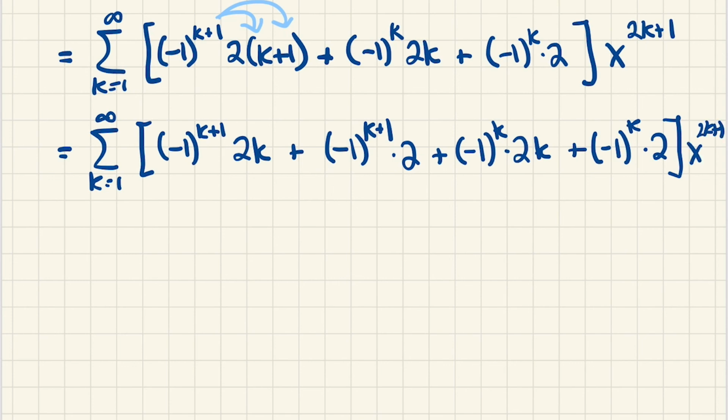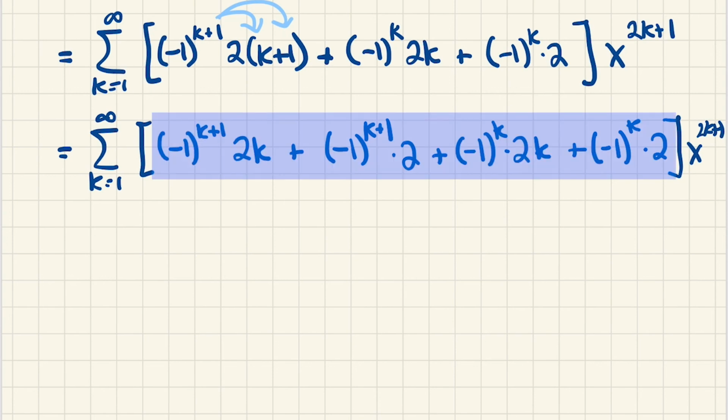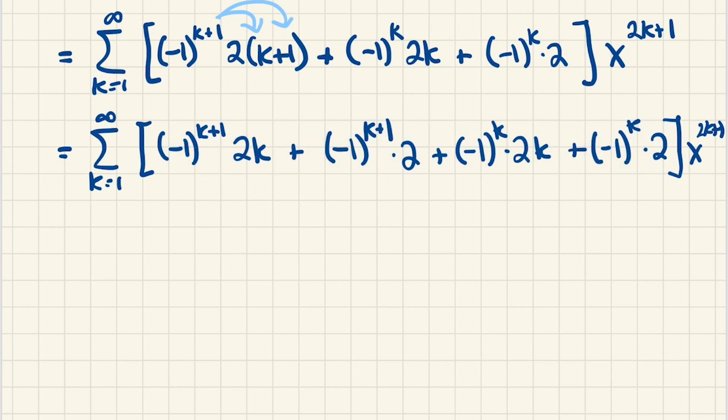All right, well, notice that this term and this term always have opposite signs, so those are going to cancel. And the same is true for this term and this term. That means that this entire bracketed expression here is going to be 0, which is perfect because we want this whole thing to end up being 0.